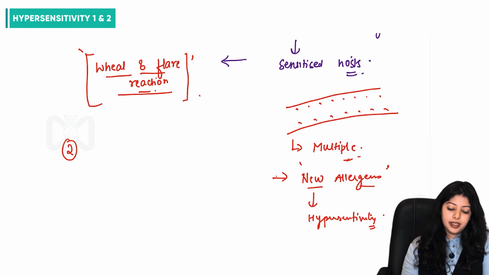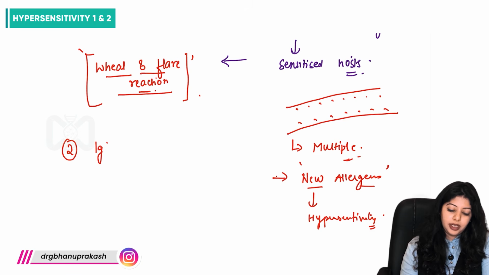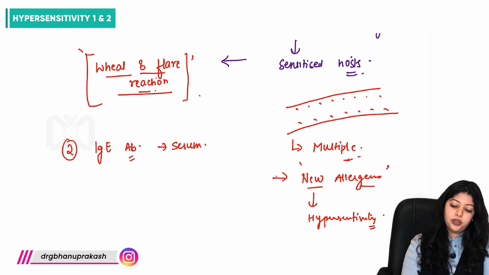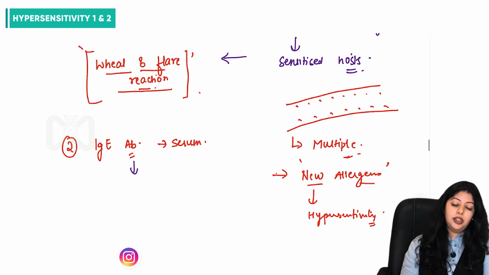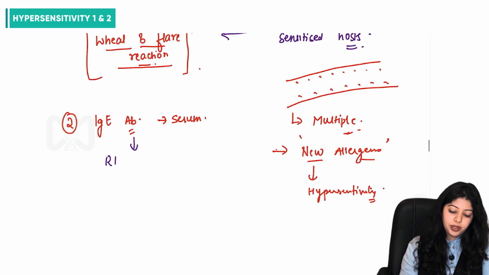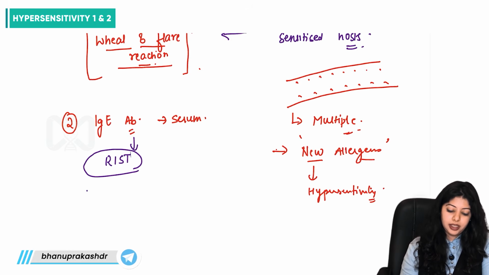So what is the second test? It is the detection of total IgE antibodies in the sera. And what was the test done earlier? It was the radioimmunosorbent assay, which is an obsolete test now, and the other test, which is again obsolete, is the radioallergosorbent assay.